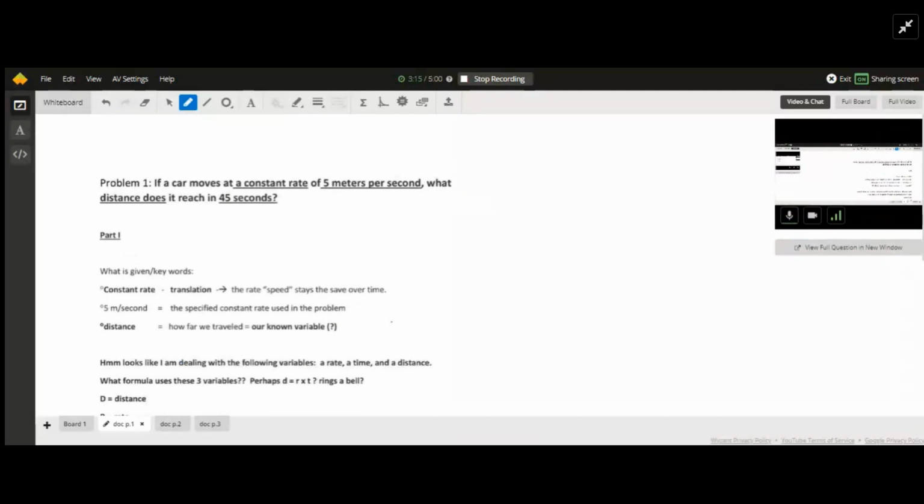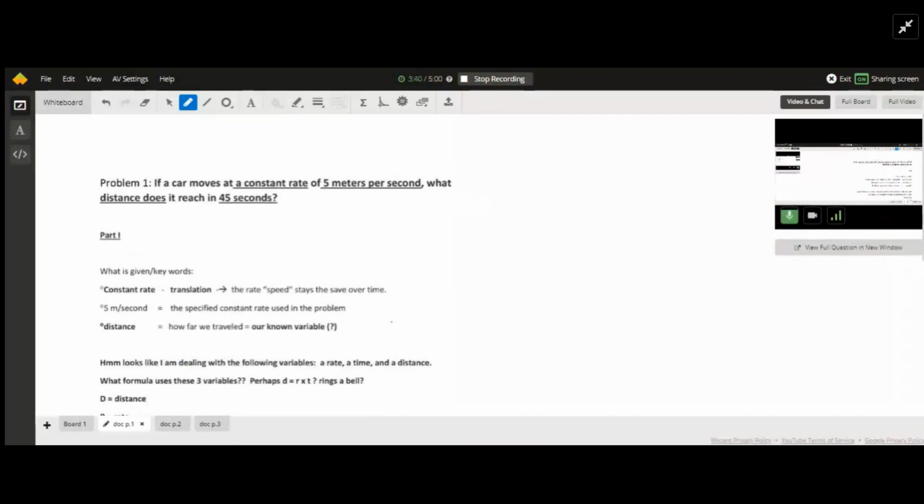What distance does it reach in 45 seconds? First thing I always say is, what is it that this thing is asking me to do? Okay, simple enough, but sometimes when people have a word problem, or when there's multiple parts to it, they get overwhelmed, and you get to a point where it goes, what was it asking me to do in the first place? Or sometimes there's more to it than just repeating back the question.